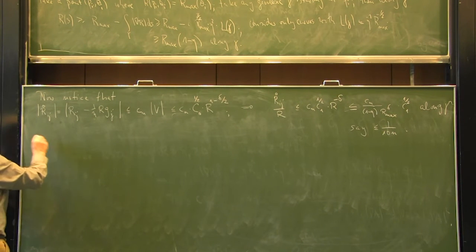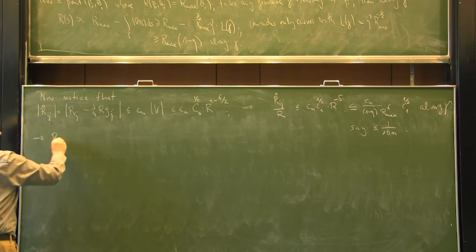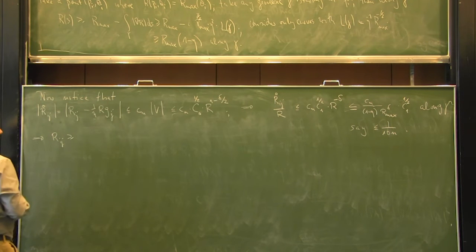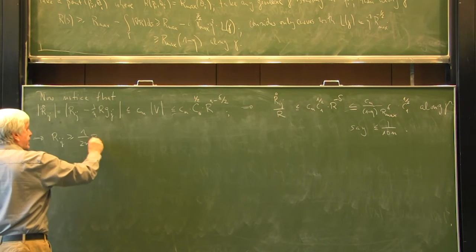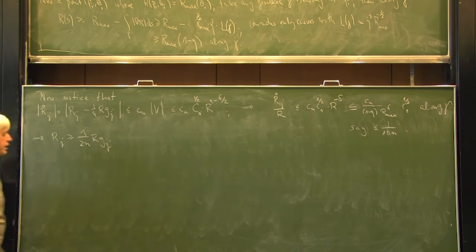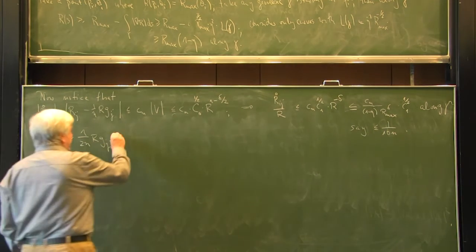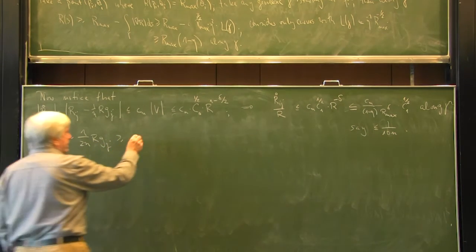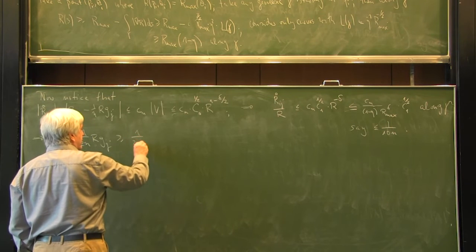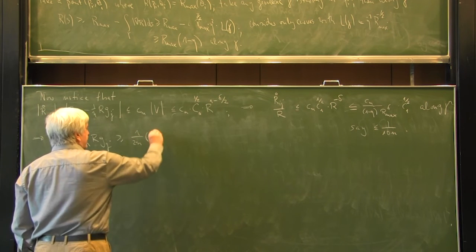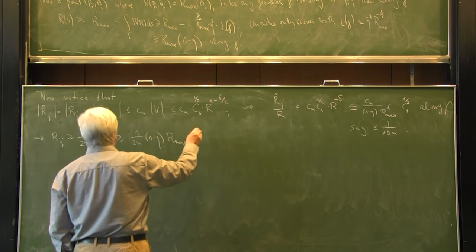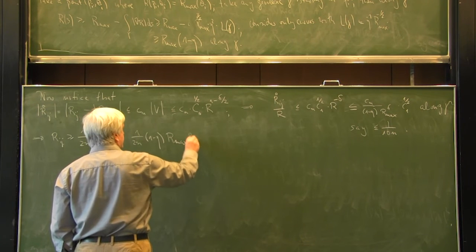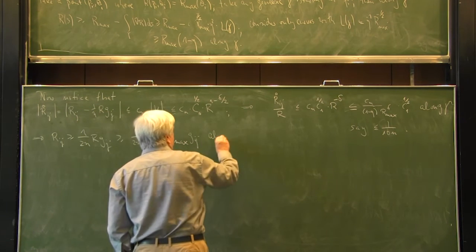So this means in particular that the Ricci tensor will be bigger than, say, 1 over 2n times the scalar curvature times Gij, and the scalar curvature is bigger than 1 over 2n times 1 minus eta times the maximum of the curvature times Gij along gamma.